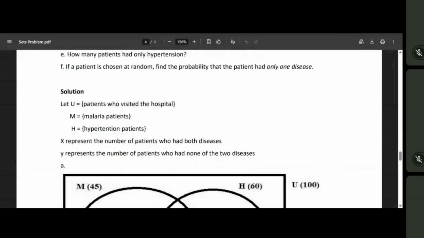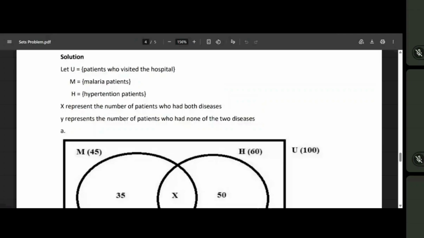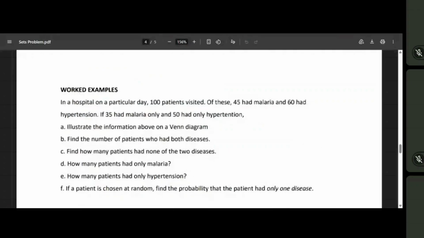That's fine. Look at the question. The question told us that 45 had malaria and 60 had hypertension. And I was telling you that sometimes they may not give you the 45, and they will rather give you the intersection.